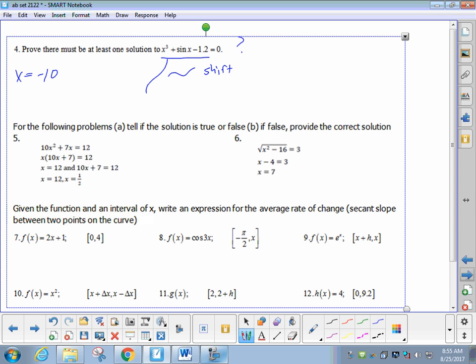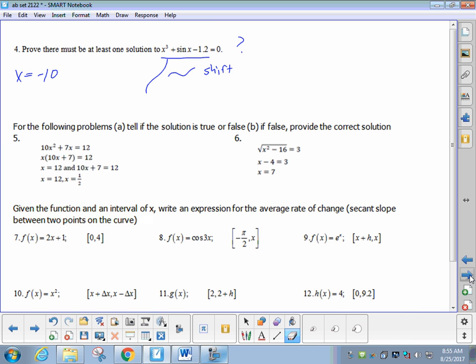For example, at negative 10, I get negative 1,000. F of negative 10 would be negative 1,000 plus the sine of negative 10, which I have no idea what it is, but I don't need to, minus 1.2.